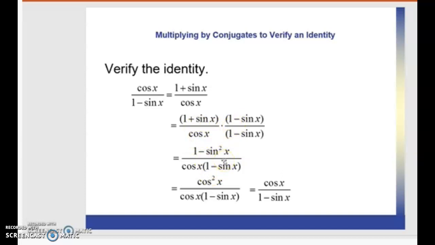We have another Pythagorean identity in our numerator, so we can replace it. 1 minus sine square x equals cosine square x. Copying the denominator, 1 of the cosine x will cancel out, it will reduce, leaving us with cosine x over 1 minus sine x. So this time we made the right-hand side identical to the left-hand side.